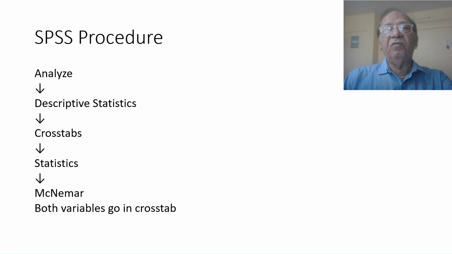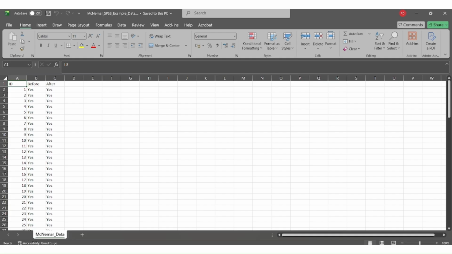the SPSS function. I have created imaginary data to teach you McNemar in SPSS. We have this file and there are three variables: ID, before, after.